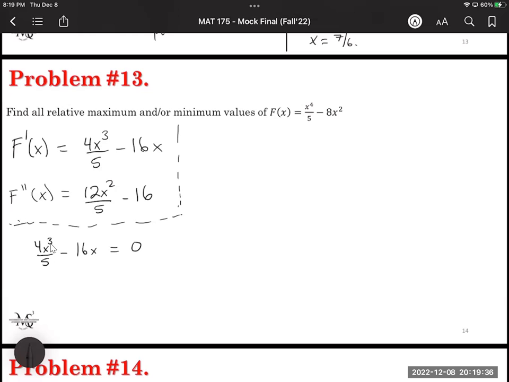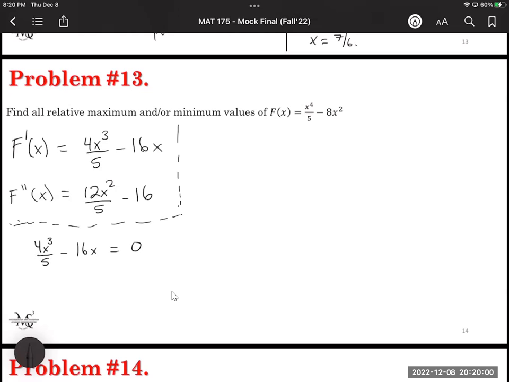Now, trying to solve for x here is not that easy, only because that very first term contains a fraction. One of the things we do with equations that involve a fraction that drives us insane is that we clear it.